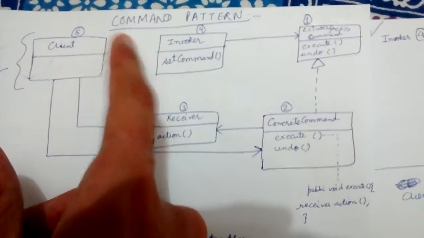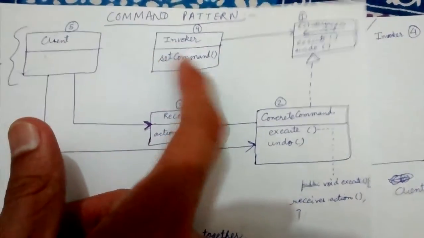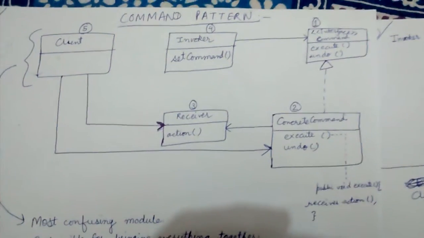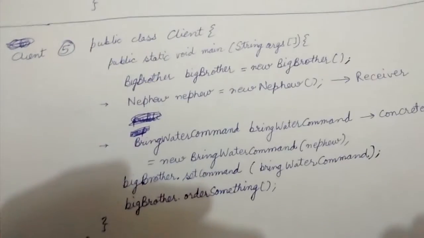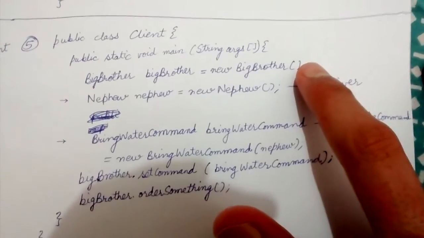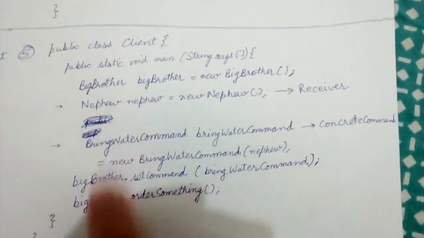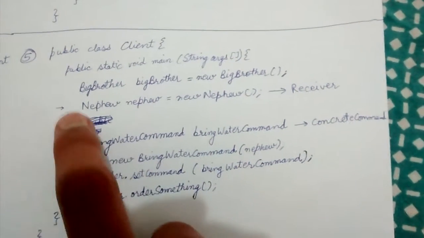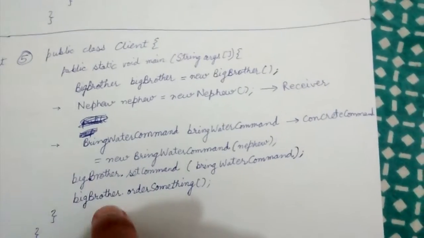The client puts them in a queue and the invoker takes them from the queue and executes them. So these are maybe indirectly done by the invoker. Okay, so it's creating a big brother instance also. In our sample example, we do all the tasks in the client only. Actually these two tasks are important. These three tasks can be done outside also.